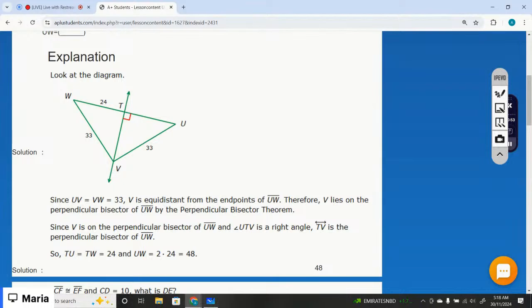VT is the perpendicular bisector of UW and angle UTV is a right angle. So TU and TW equal 24 and UW equals 2 times 24, that is 48.